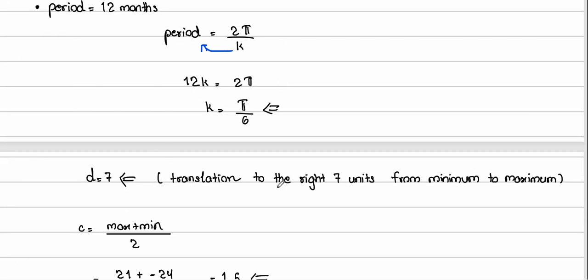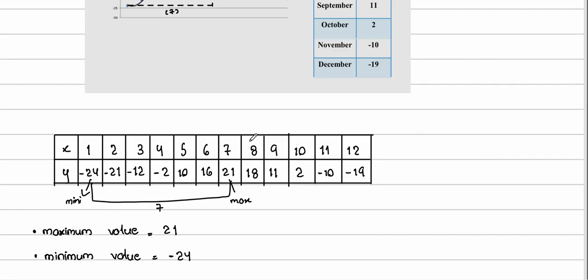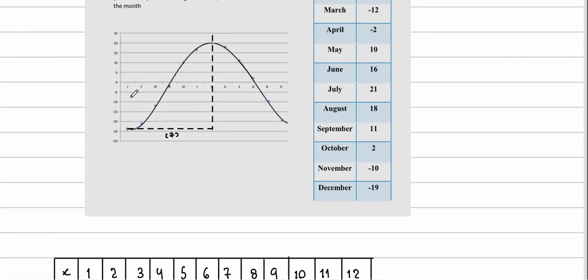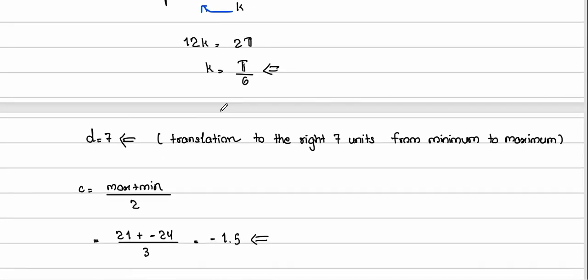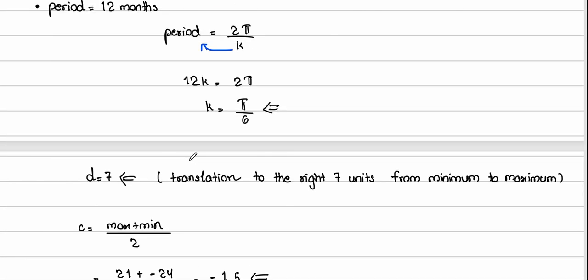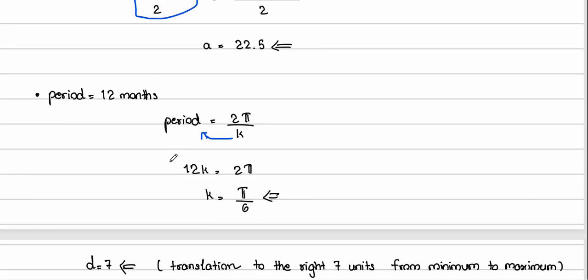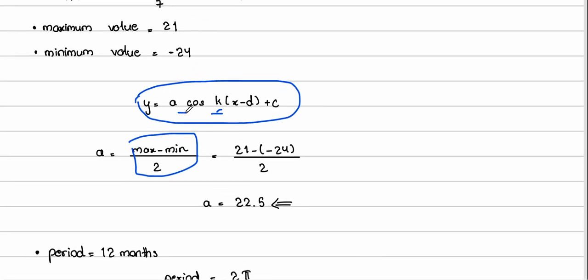So the translation is to the right 7 units from minimum to maximum. Looking at the graph, it took 7 months. This is July, this is January. It took 7 months from the minimum point to the maximum, so the value of D is going to be positive 7. We've done A, K, and D.